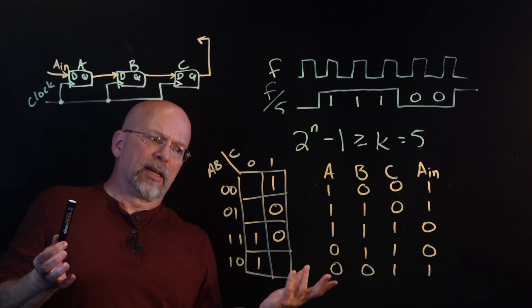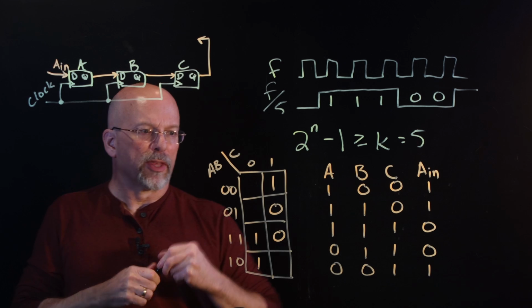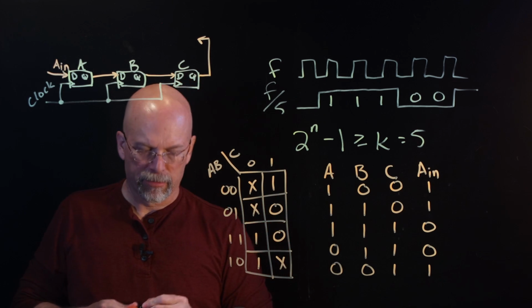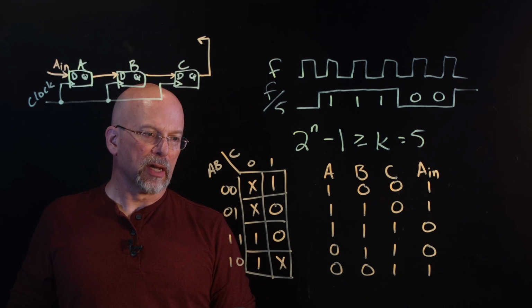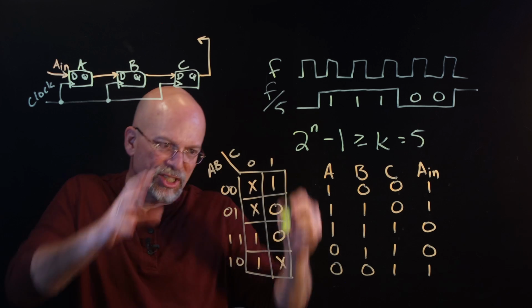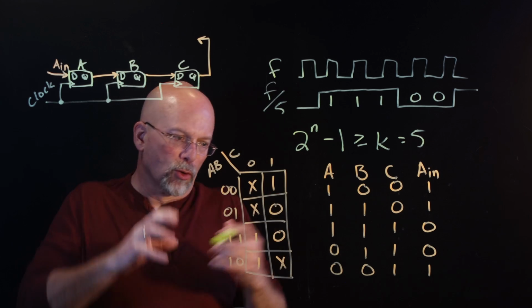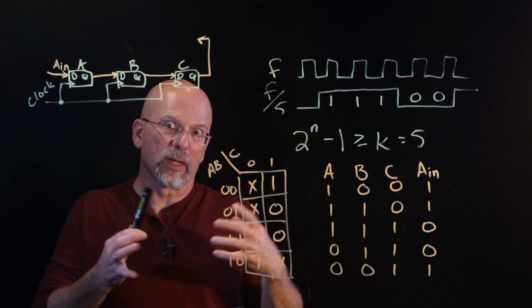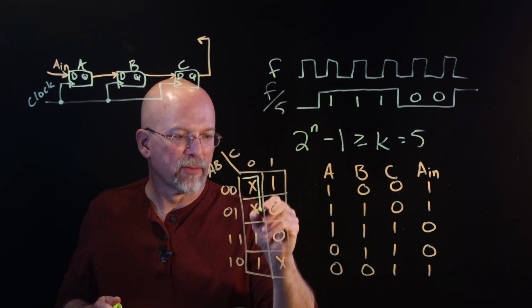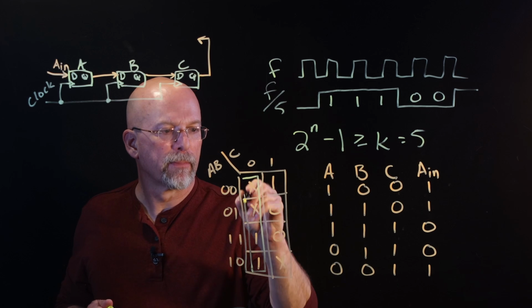Now, what about the unfilled cells? Well, the unfilled cells are don't cares. We put X's in there, which should let us figure out, hopefully, our best case scenario for grouping these elements so that we can have a most simplified sum of products expression. And so we have a rectangle here.